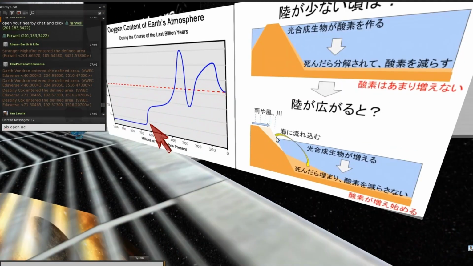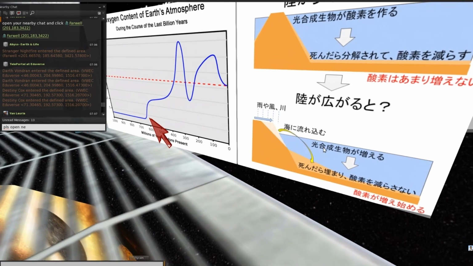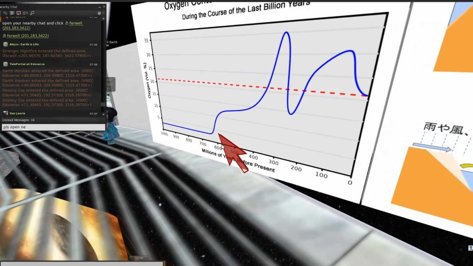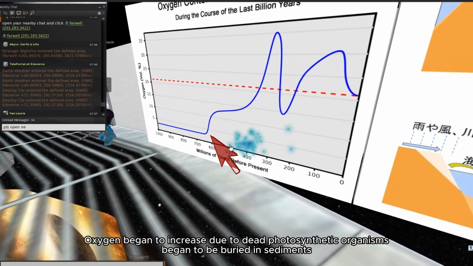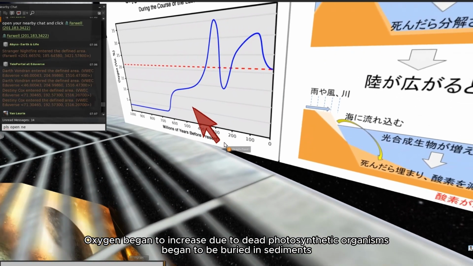Continents became larger, and sediment is flowing to the ocean by rain or wind. When dead bodies of photosynthesis organisms began to be buried in sediment, they no longer decomposed and depleted oxygen. Then oxygen began to increase here. Then living things became multicellular.